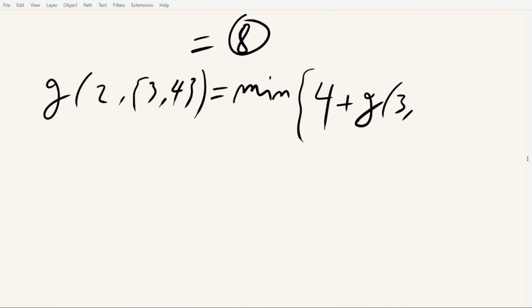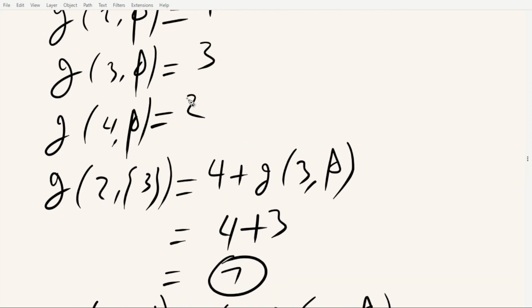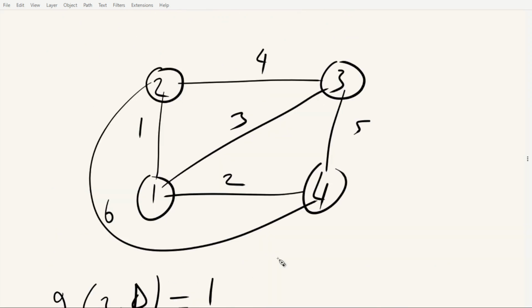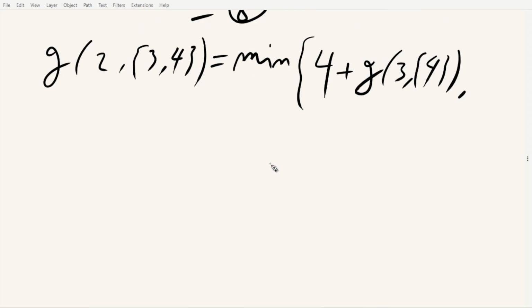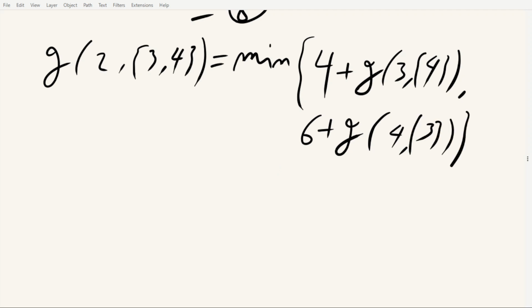We arrive at 3. What remains is 4. Next possibility is we move from 2 to 4. So 2 to 4 cost is 6. Six plus G. We move to 4, remaining is 3. Now we put the values of G3,{4} and G4,{3}.